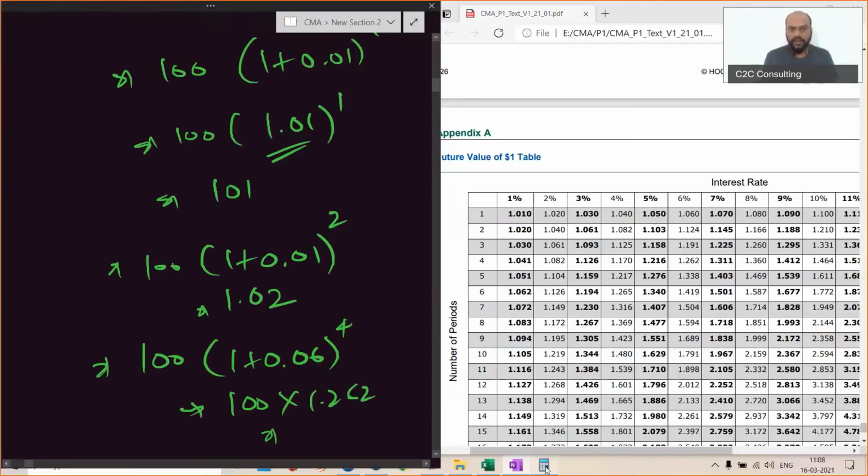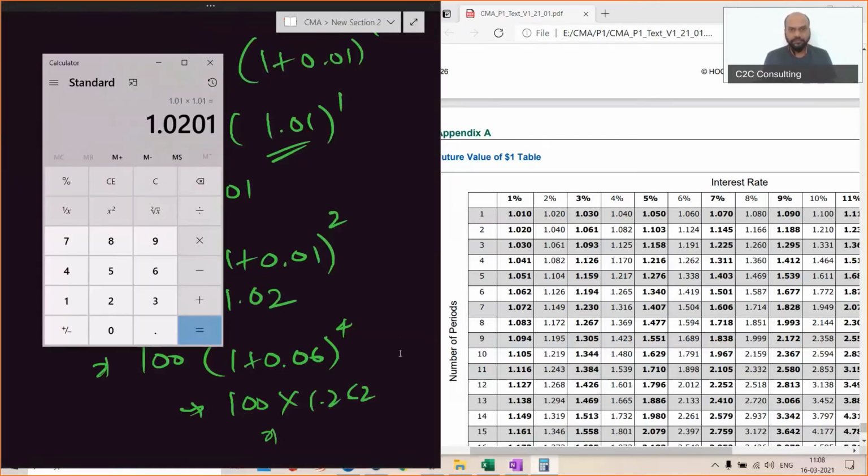So in terms of calculator, to make sense, 1.06 is my first year, and now I'm multiplying this for the second year, 1.12, into 1.06 for the third year, 1.19, and into 1.06 for the fourth year, 1.2625. That's exactly what this 1.262 is, rounded. So whatever is there in your future value table, you can easily interpret this in the form of a calculator.